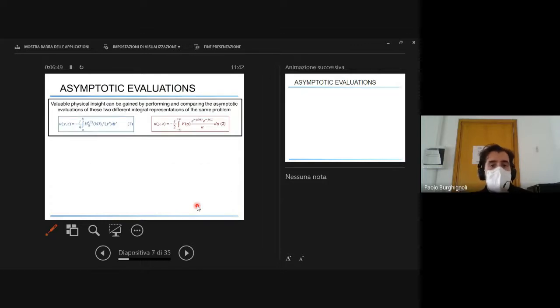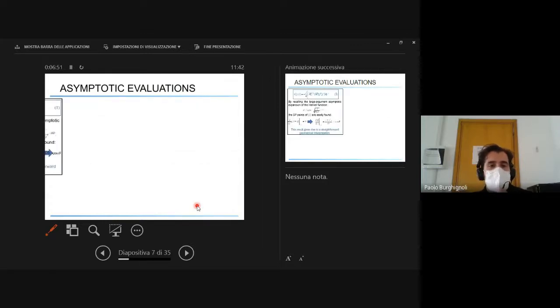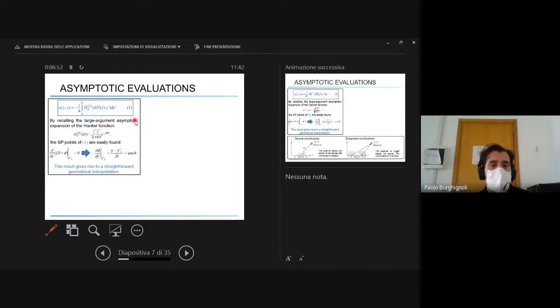Indeed, we can exploit an asymptotic evaluation of these two integrals by using the large argument asymptotic expansion of the Hankel function and by evaluating saddle points of this integral, as has been shown in this course. The evaluation of the saddle points gives you a straightforward geometrical interpretation.